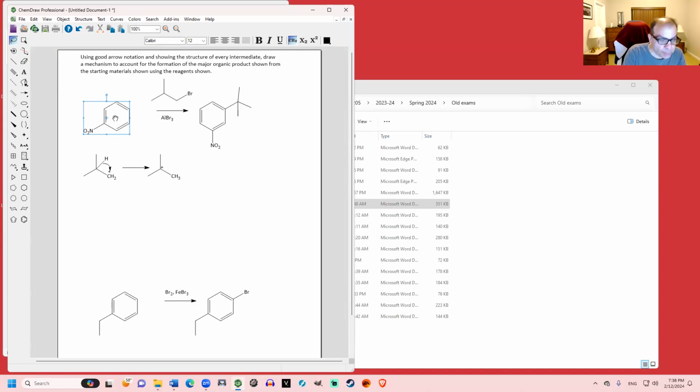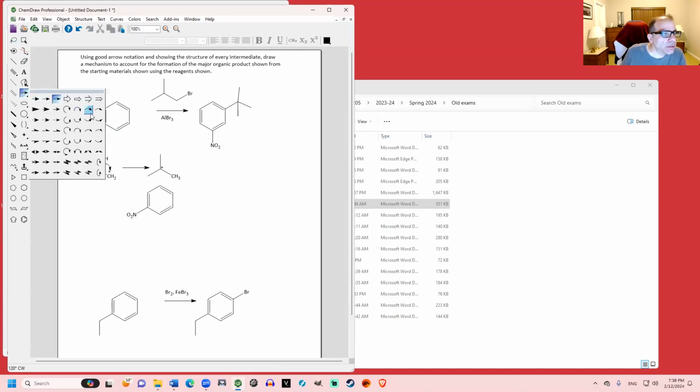Now the nitro group is meta-directing. So we're going to get attack from the meta position. It's going to get attached to the meta carbon.